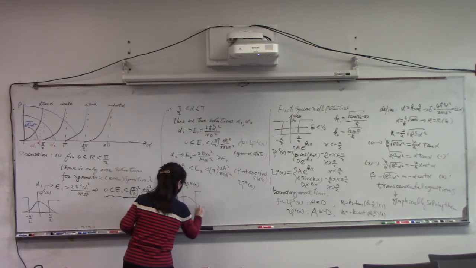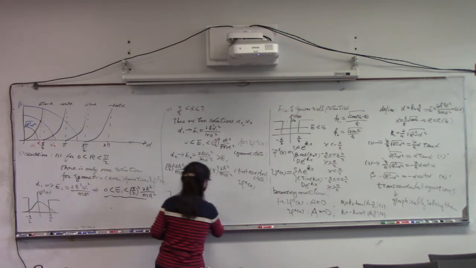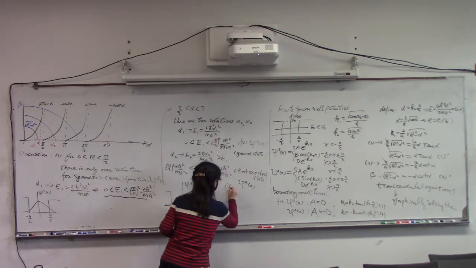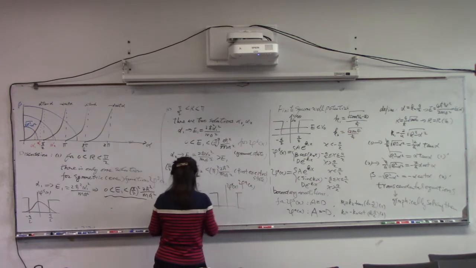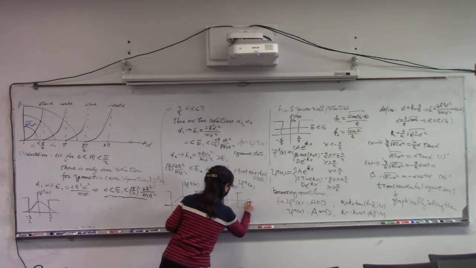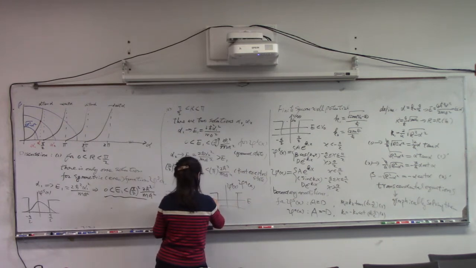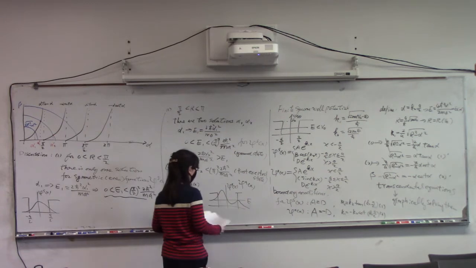Still have something like this, and we have another one, the odd or even, or the antisymmetric is, okay, suppose this is the energy here, right? So that is a function like this.